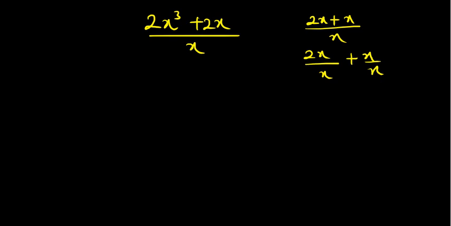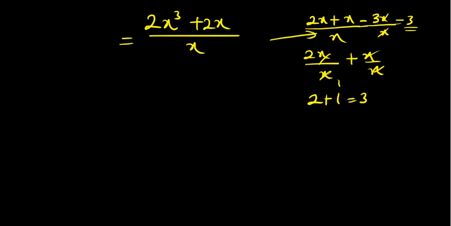So it will now be 2 plus 1, so it's now going to be 3. Do it normally like this: 2x plus x is 3x, x cancels x, so you still get 3. The principle we use here is what we are also going to use here.